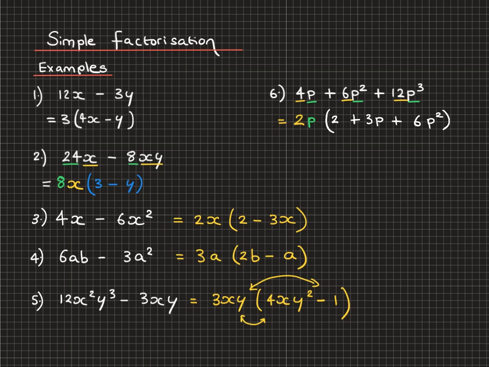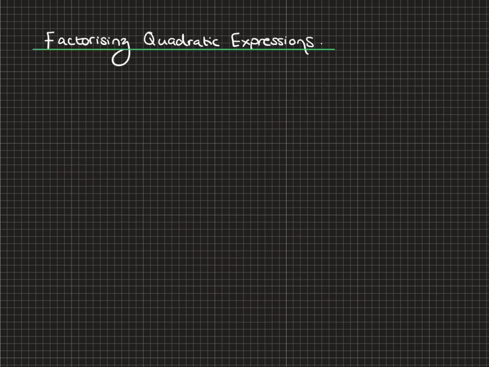So we can factorise very simple expressions like this where we have more than 2 terms, but all 3 terms have common factors. And in this case, the common factor of all 3 terms was 2p. So this takes us on to the main part of today's lesson, which is the factorisation of quadratic expressions.